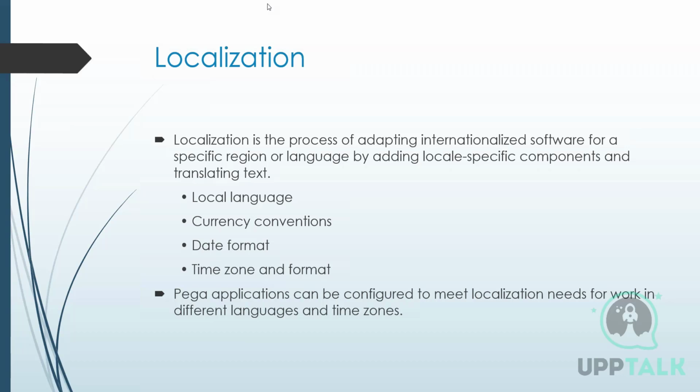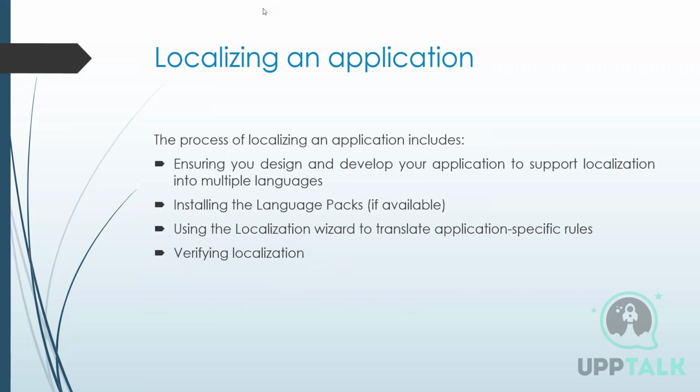The captions, instructions, or any tooltips that you have, or any paragraphs that you are displaying. Right? So all these things are what we localize using this wizard. So the localization makes it easy for people to access the application. Right? So let's see what process is involved here and how we will look at that wizard with regard to the localization. Okay, right.